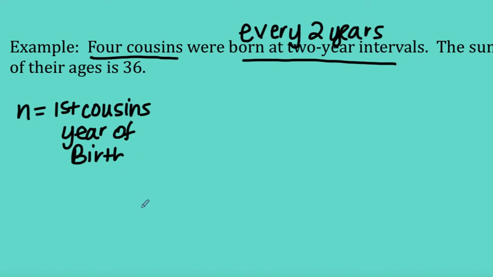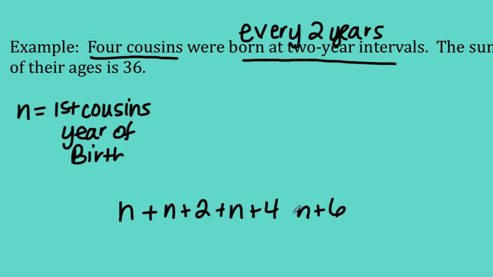The sum of their ages would be n plus 2, n plus 4, and n plus 6. Those are the 4 cousins if they had 2-year intervals in the years they were born, and their sum was 36.